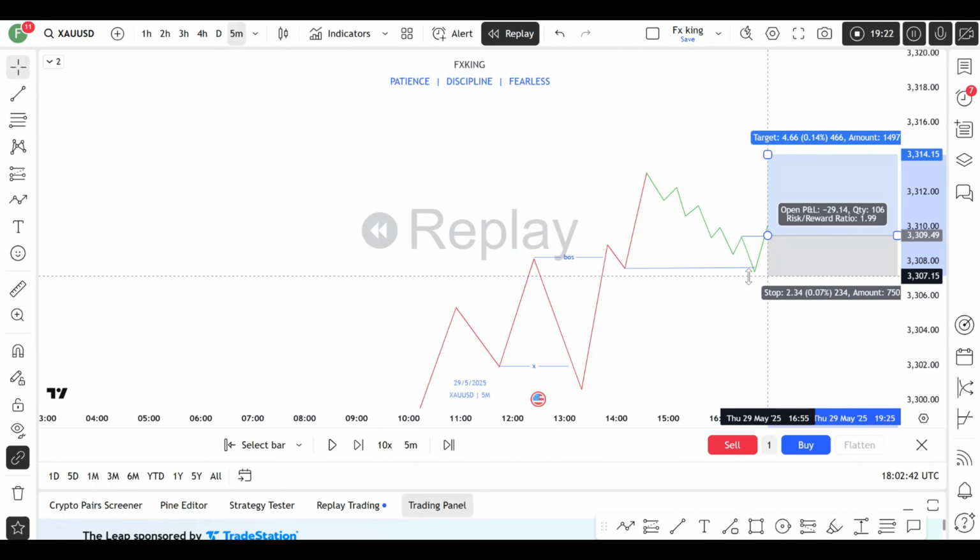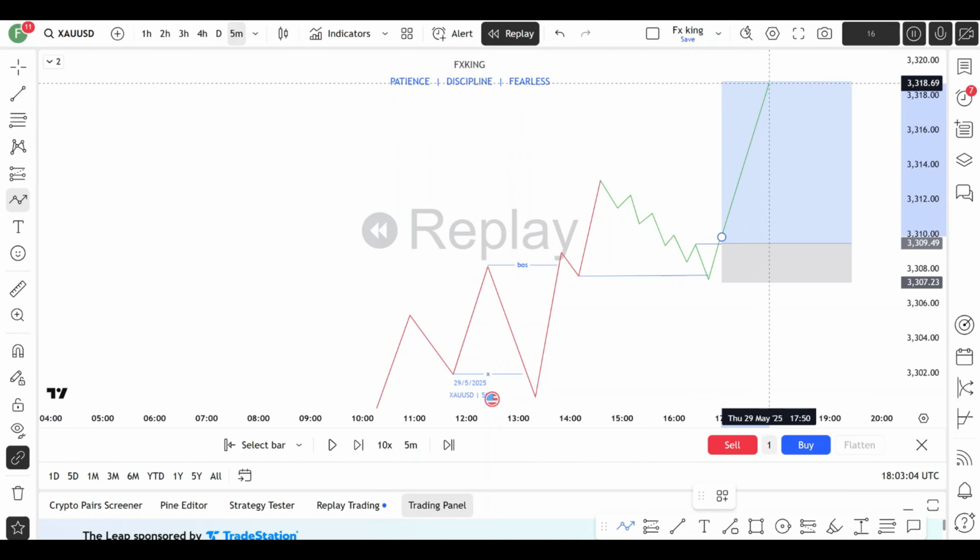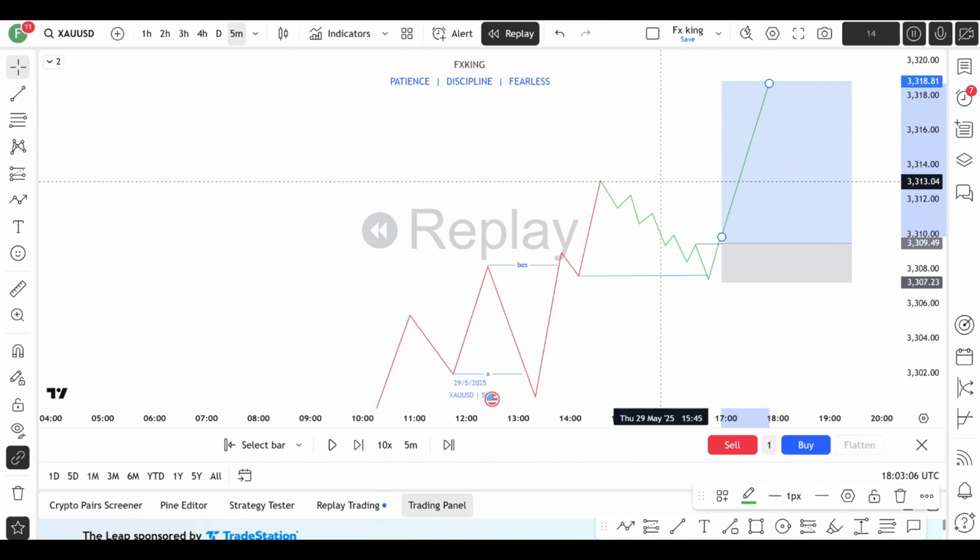And what we normally expect is for the market from here to just continue pushing up like this. So this is the first way which you can enter using the sweep entry model, right? And let's go over to the second way which you can actually enter.